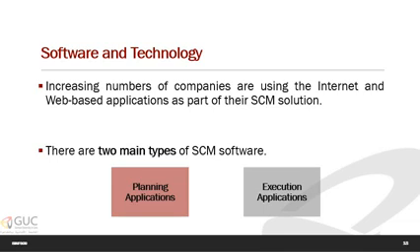There are two main types of supply chain management software: planning applications and execution applications. The planning applications use advanced algorithms to define the best way to fill an order, whereas the execution application tracks the physical position of the product, the management of materials, and financial information involving all parties.